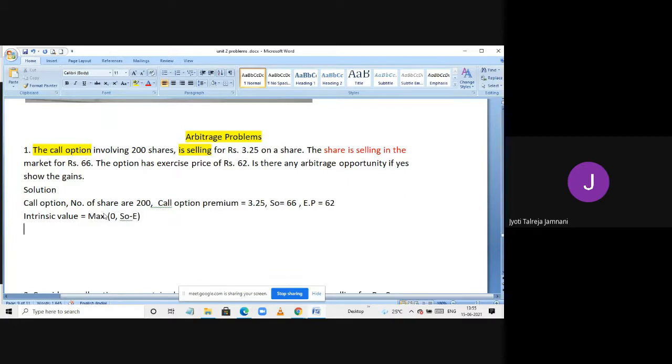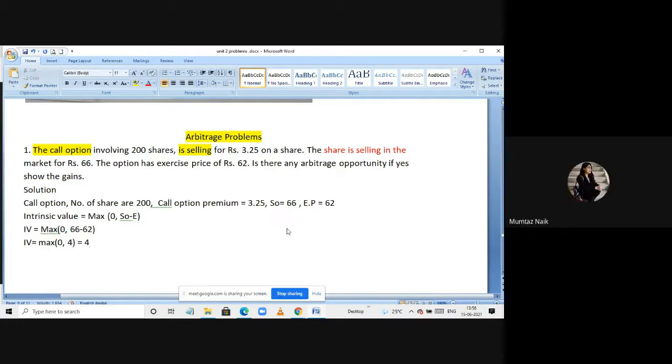So we'll find the intrinsic value for this option. Intrinsic value is equal to maximum of 0 comma S naught minus E. S naught is 66 as written in the given, minus E, which is 62. So 66 minus 62 is 4 rupees. Maximum of 0 or 4 is 4.